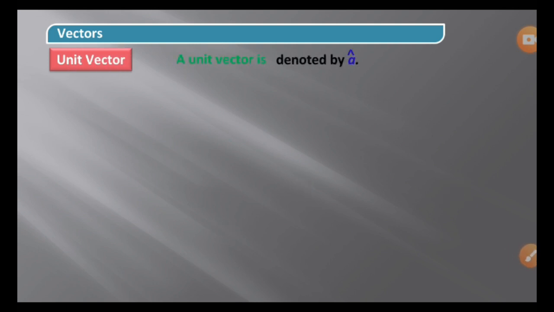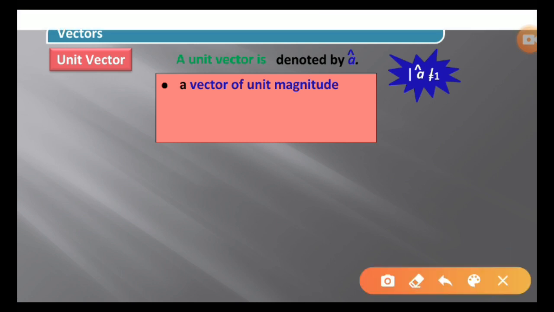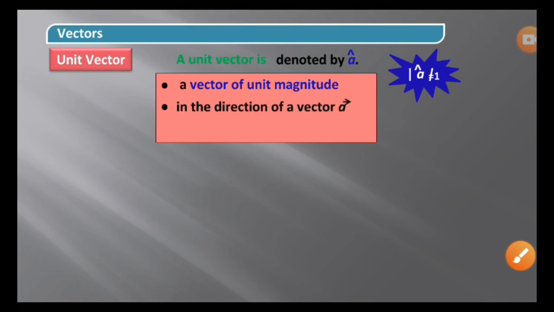Now the next one, unit vector. A unit vector we have already discussed in the previous part. A unit vector is denoted by A cap, and the magnitude of a unit vector is always equal to 1. So a vector of unit magnitude in the direction of vector A is taken as the unit vector A cap.